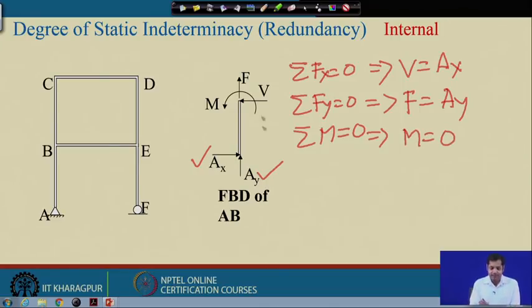So, as far as the AB segment is concerned, we can determine these 3 forces. But again, when we say the structure is determinate, it means at every member we can calculate the member forces.